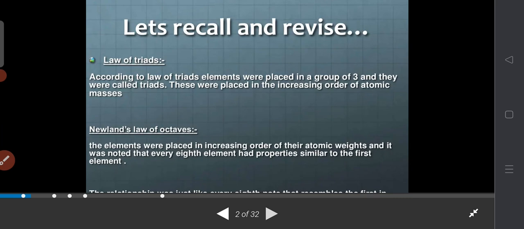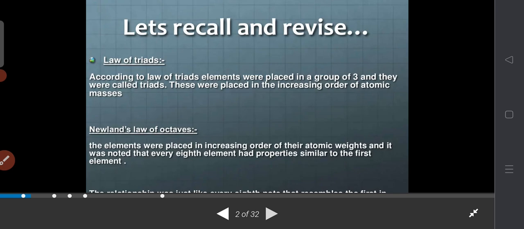Suppose there is an element having atomic mass 16 and another having atomic mass 18. First 16 will come, then the element with atomic mass 18. That is how they follow this kind of periodic table.